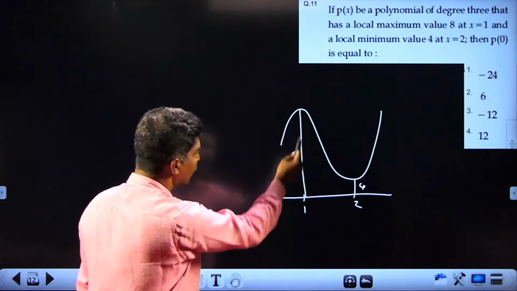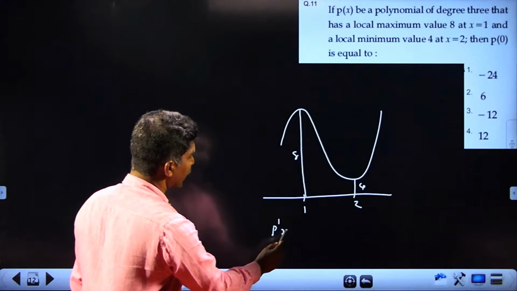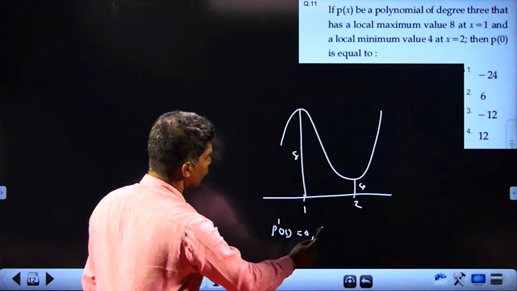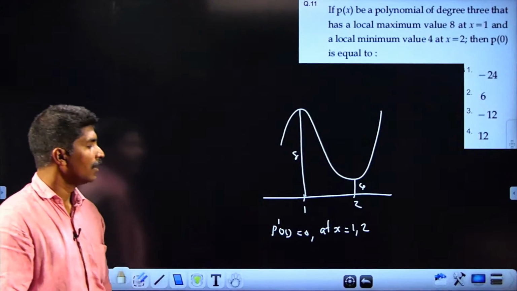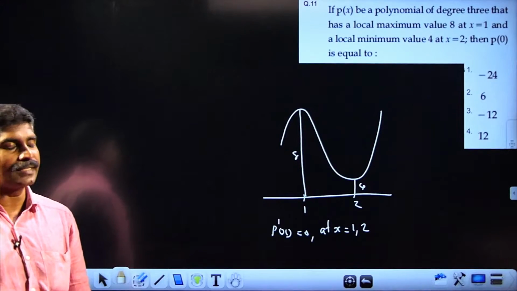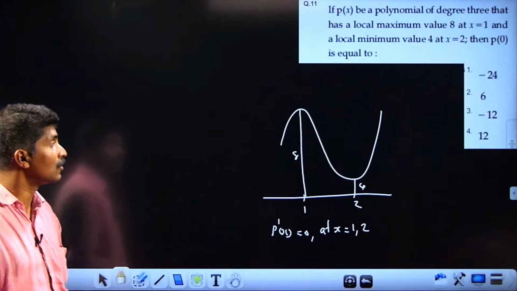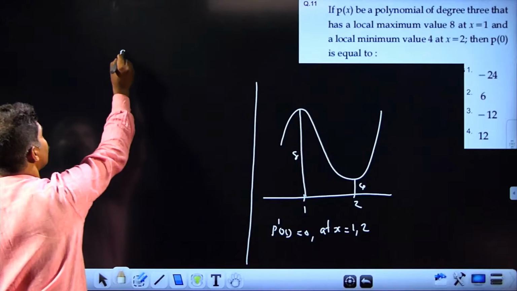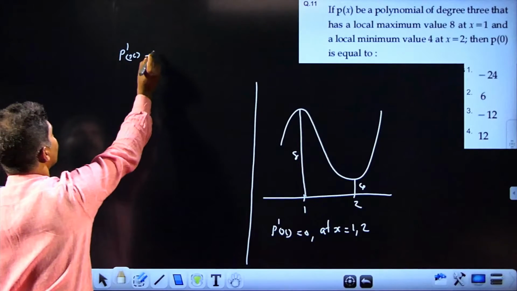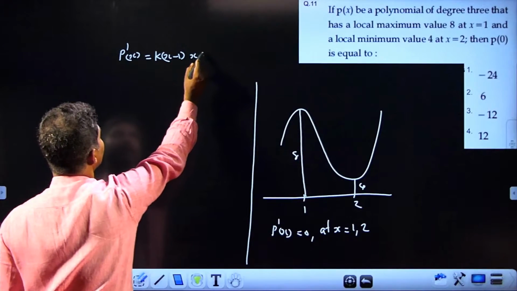So, from this, we can see that P dash of x equals 0 at x equal to 1, 2. Therefore, 1 and 2 are the roots of the equation P dash of x. Therefore, we will write P dash of x is equal to k into (x minus 1) into (x minus 2).